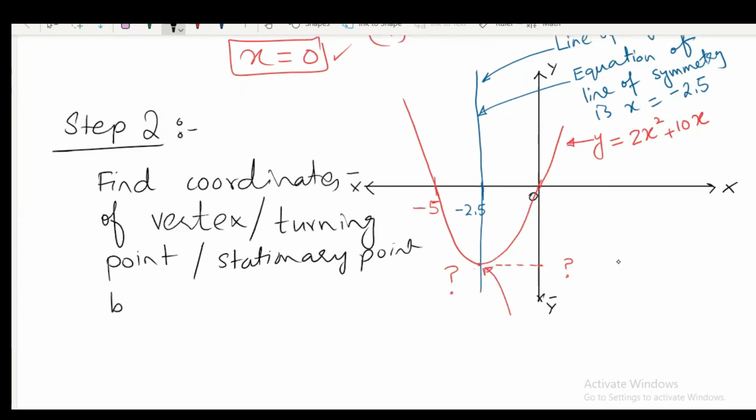by putting x equals minus 2.5. Be careful, x equals minus 2.5 was the equation of the line of symmetry.